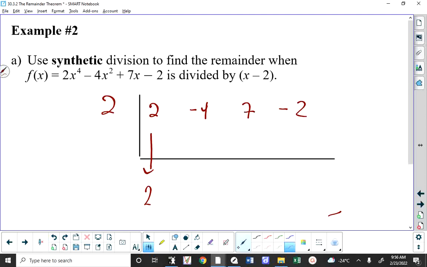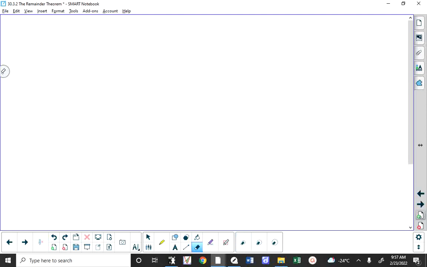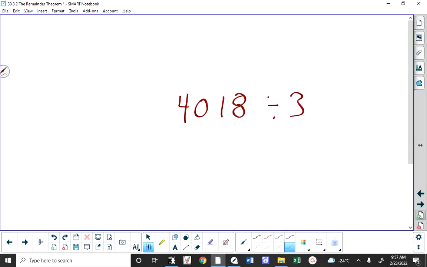I've told you to put the coefficients of the terms up top. I've told you to put the 0 to the left. And I've told you to bring the first coefficient down. If I told you that I wanted you to divide that by 3, would you do this?